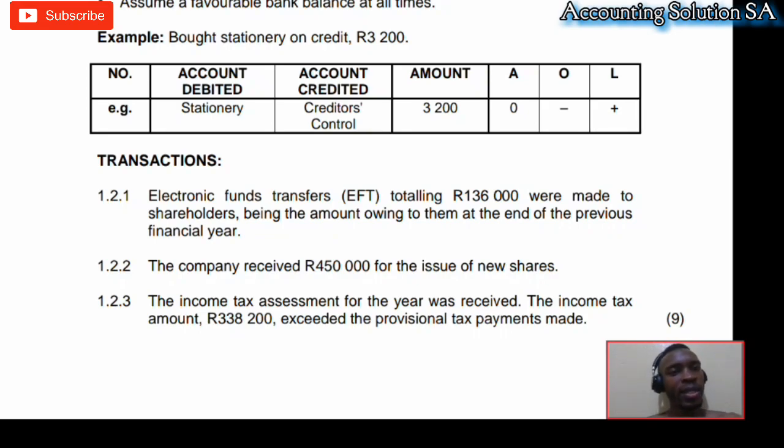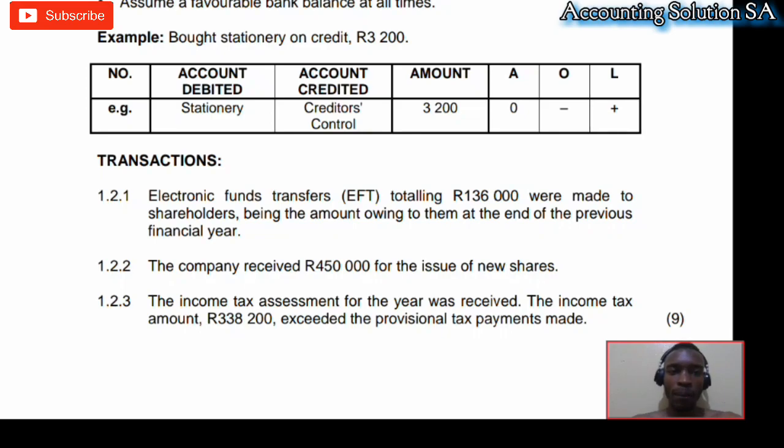Because they did EFT, electronic fund transfer, which means there's a bank. Now the question is, did we pay as a company or did we receive money? In this case, we pay the shareholders, which means that our asset is going to decrease, which means that the bank is going to be credited, which means that now we're left with a debit side.